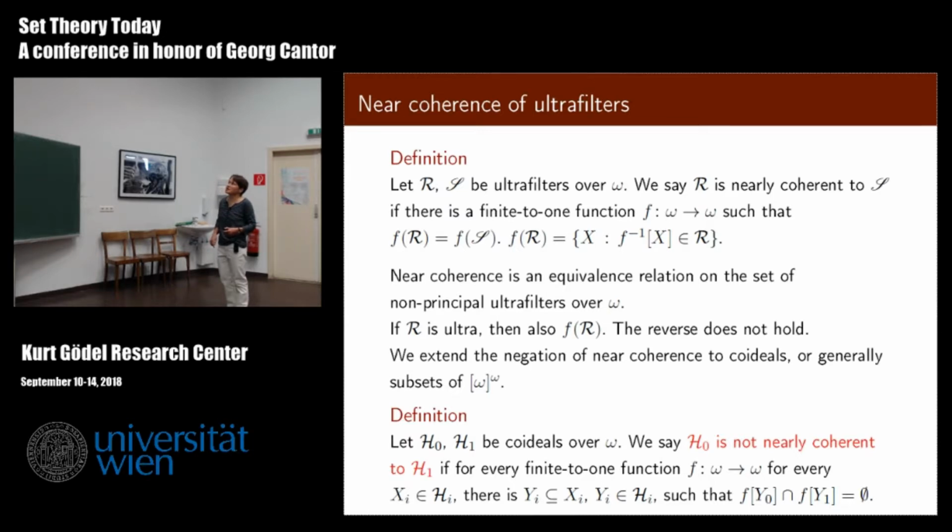So one is not nearly coherent to another if for every finite-to-one function f, there is... but now I need all locations because it's not centered. I say for each starting point, x0 in A0, x1 in A1, there is a stronger, smaller one such that their images are empty. So this just says that two of them can't be in the same ultrafilter.